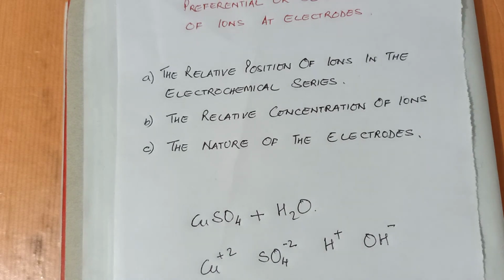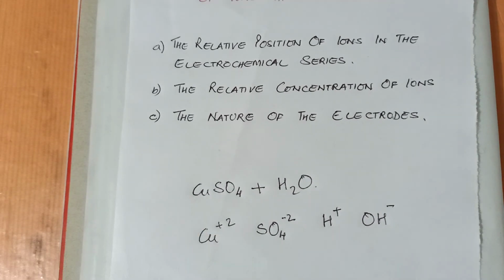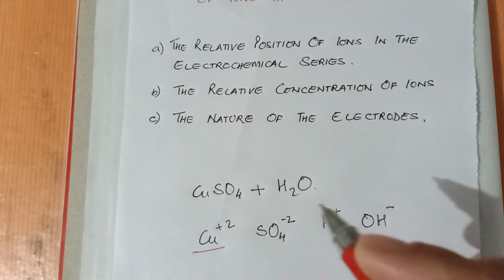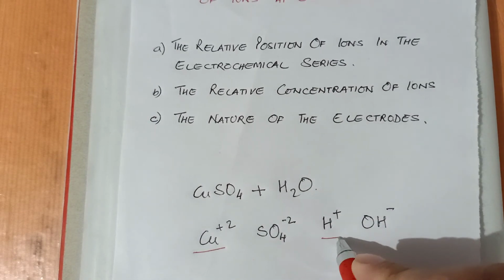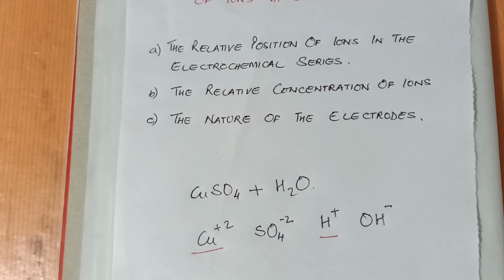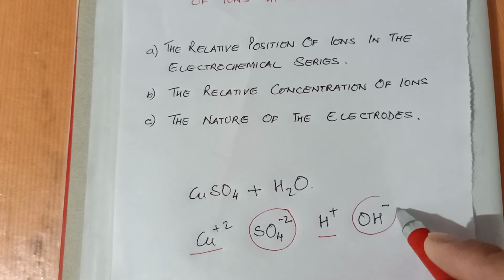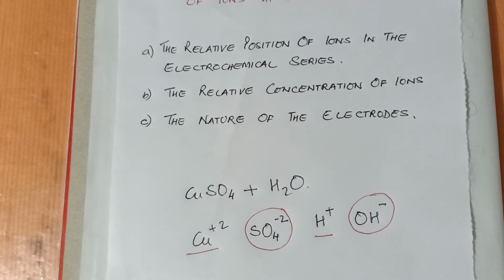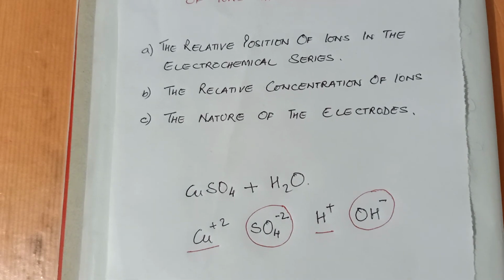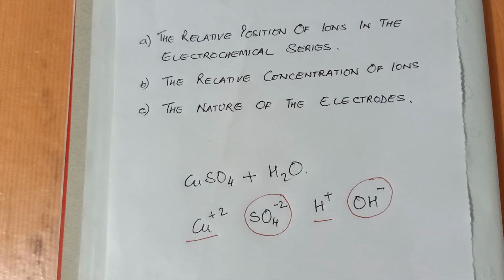If you see over here, we have two types of cations, copper and hydrogen. We again have two types of anions, sulfate and hydroxide ion. That means we have two sets of cations and anions.